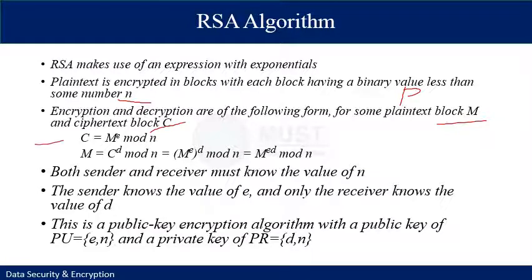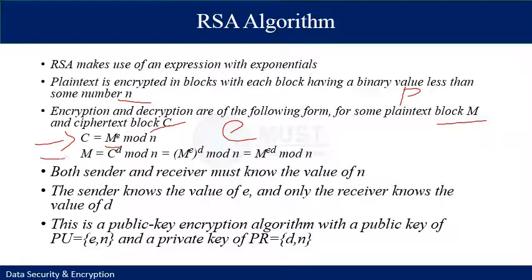Whenever you have to encrypt a message using the RSA algorithm, the cipher text will be equal to the plain text raised to the power of the number E, taking mod with the number N. So E is the encryption exponent.